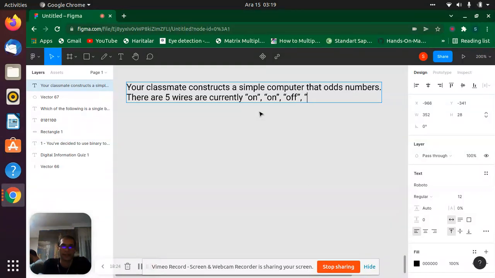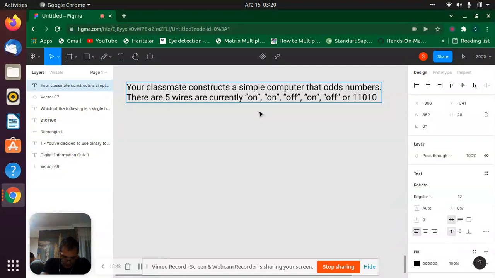This and this one, yes, here. And we also have the other one is on, the other one is off. Okay, so also we can say this is like 11010 in binary.